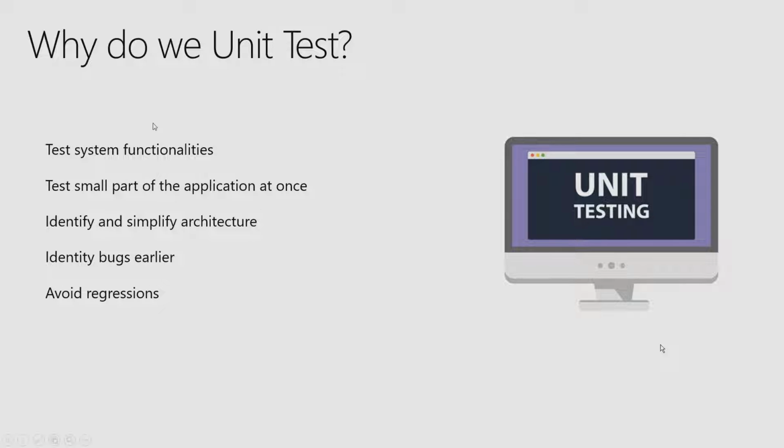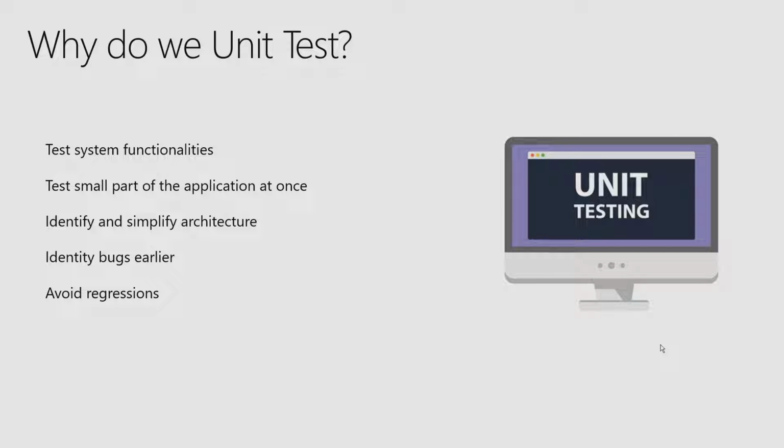We need to test the system functionality, and also test very small parts of the application at once. For very complex apps, we need to also identify or maybe simplify the architecture. It's also helpful to identify bugs earlier and also to avoid regressions.